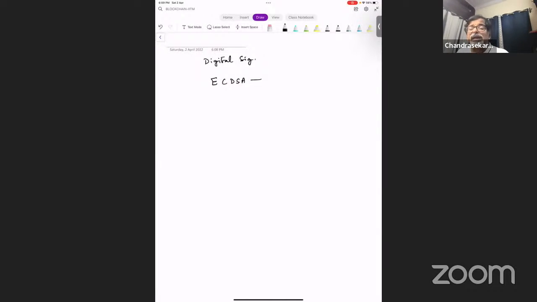So it is called the elliptic curve digital signature algorithm. There are technical details about it, but you don't worry about it. This algorithm is going to take the message. The message is a bit string.